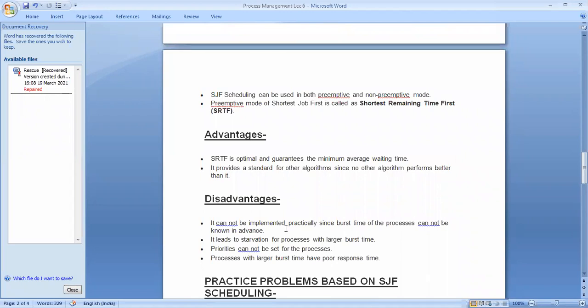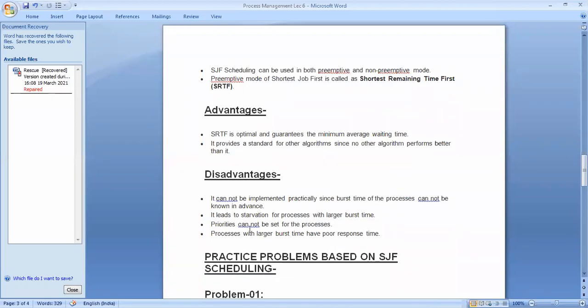It cannot be implemented practically, since the burst time of the process cannot be known in advance. It leads to starvation for processes with large burst time. Priorities cannot be set for the processes. Processes with large burst time have poor response time. So these are the advantages and disadvantages.